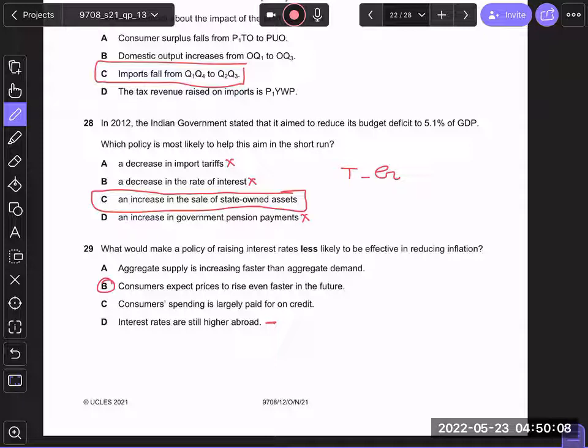Why is it not D? If the interest rates are still higher abroad, there will be hot money outflow. And with hot money outflow, your exchange rate will fall, the exchange rate will go down. Right, the exchange rate will go down, so what will happen then?